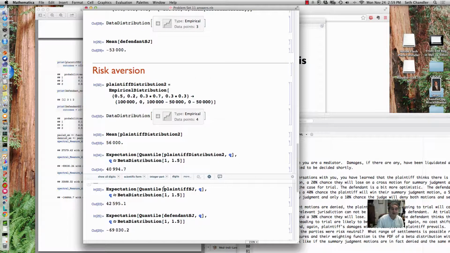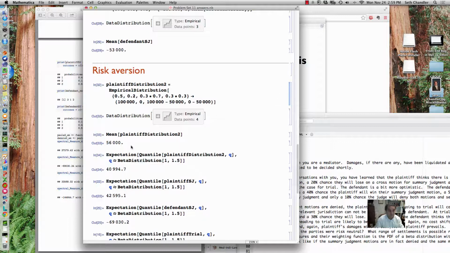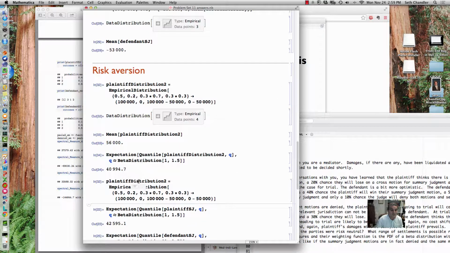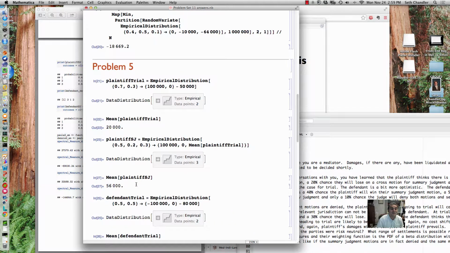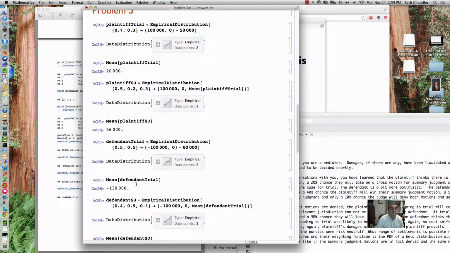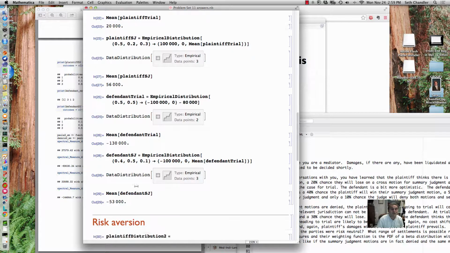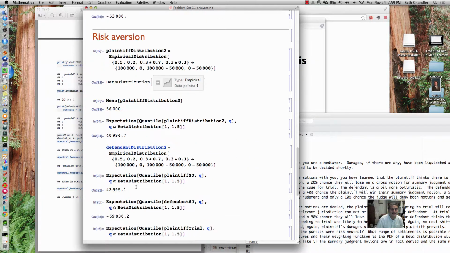All right. From the defendant's perspective, what's going on? Well, from the defendant's perspective, we'll write defendant distribution 2. Okay, so what do they think? They think that there's a 40% chance that the plaintiff's going to win at trial. So they're at $100,000.